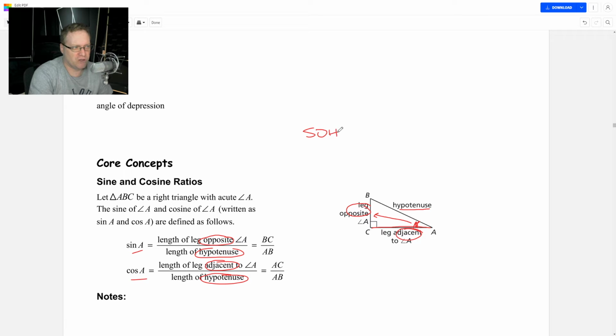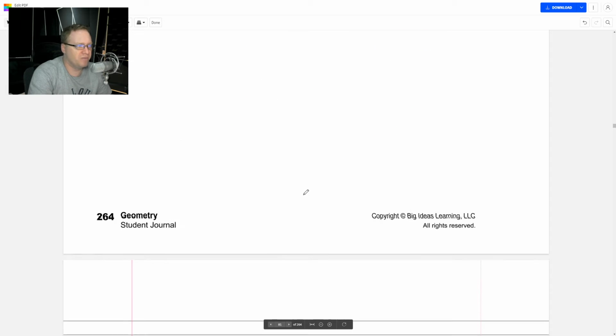Remember SOH CAH TOA. Sine, opposite over hypotenuse. Cosine, adjacent over hypotenuse. Tangent, opposite over adjacent. All right, so SOH CAH TOA. Remember this.